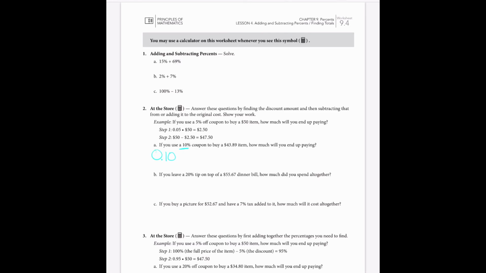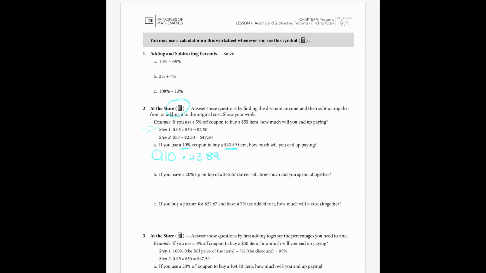Here, I'll put a 0 here just for clarification. And if we follow these steps up here, we multiply it times this number right here, 43.89. All right, so here we can use a calculator.